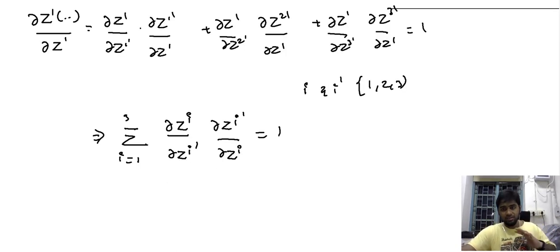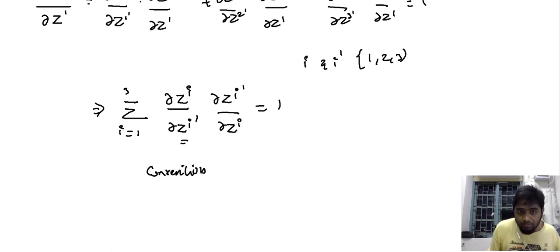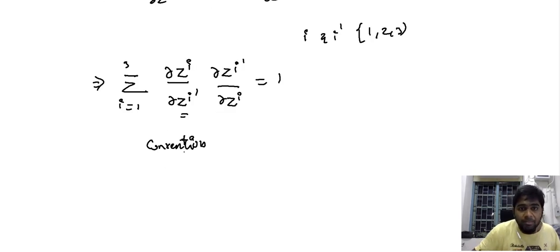Now this is something that you might all be familiar with. When you have an expression and you have an identical index at the bottom and the top, according to the convention that we saw earlier, the summation sign can be removed.